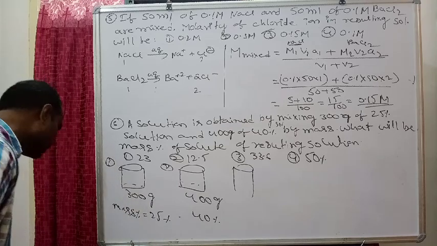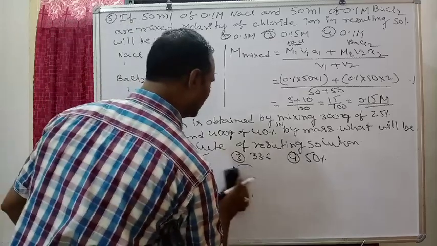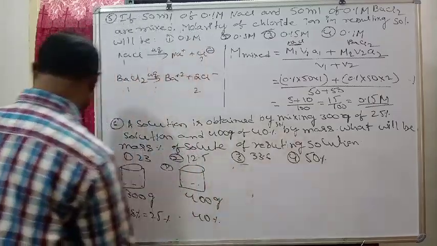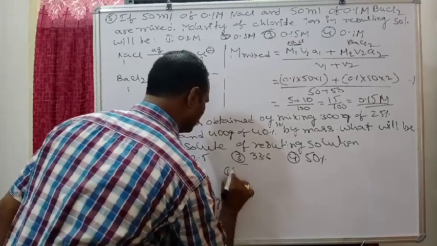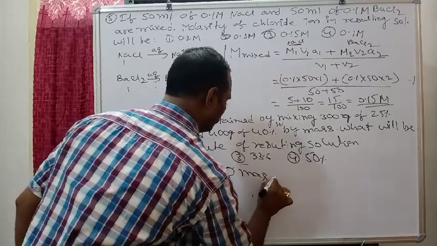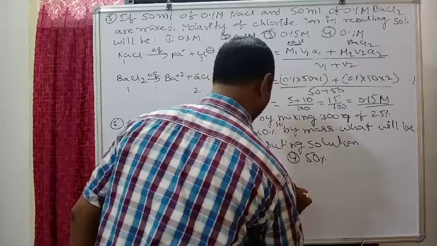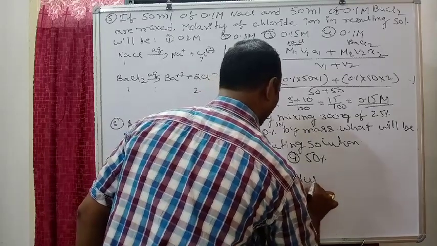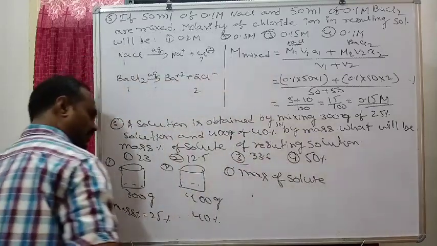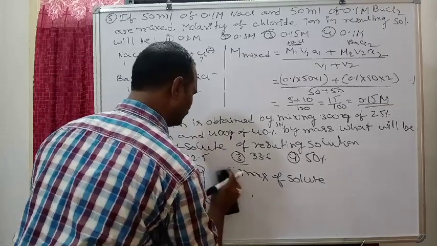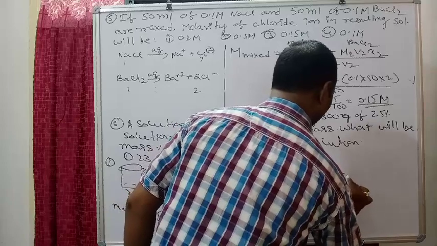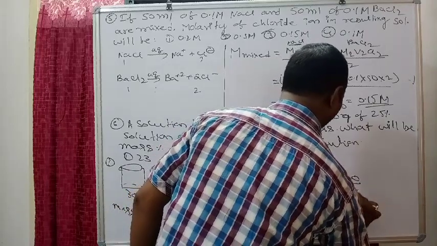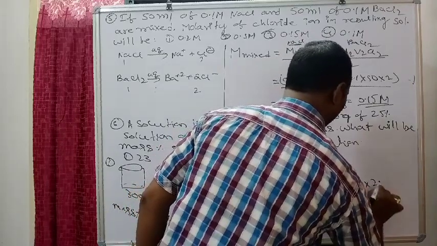First, you have to calculate the individual solute mass in each solution. Case 1, mass of solute: total solution 300 by 100 into 25.